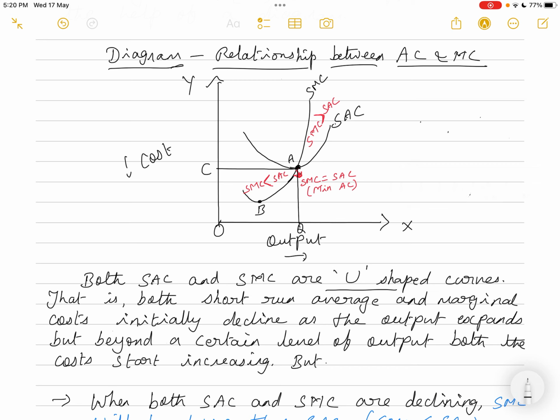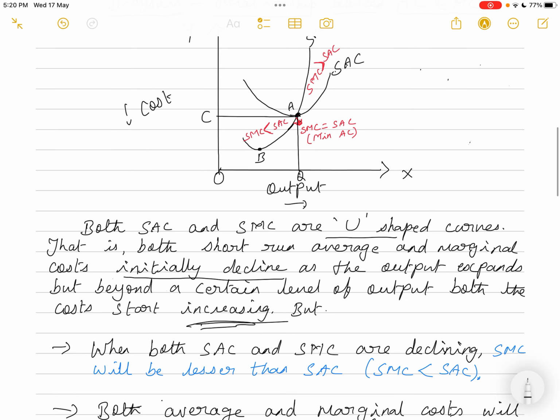That is, both the short-run average and marginal cost initially decline. So initially, as the output expands, they decline, but beyond a certain level of output, both the costs start increasing. That's why it is a U-shaped curve. Now let's find out what the relationship is here.